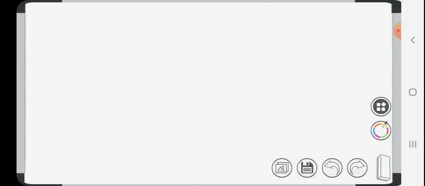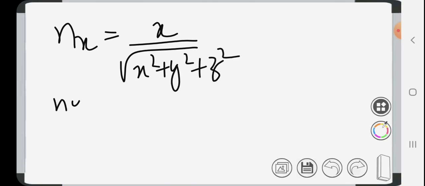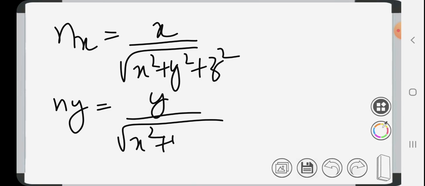Suppose you know the coordinates, then nx can be calculated as x by root of x square plus y square plus z square, ny as y by root of x square plus y square plus z square.